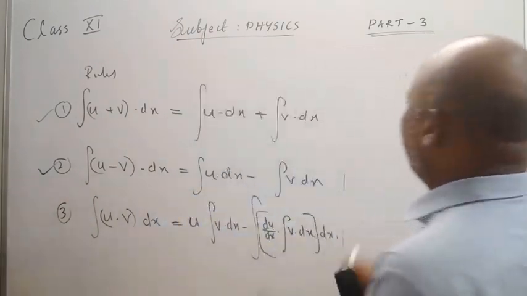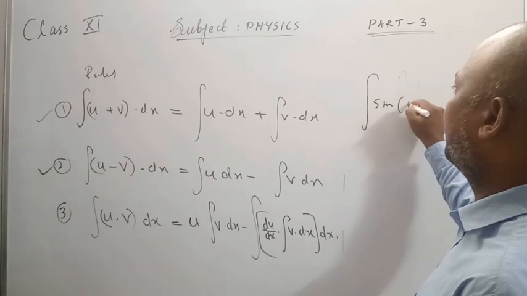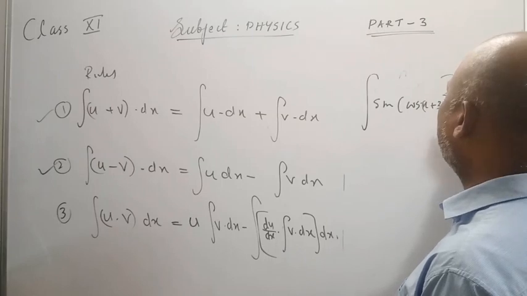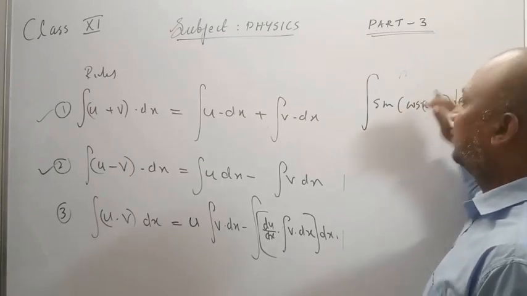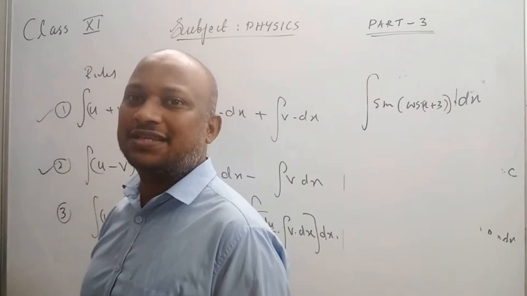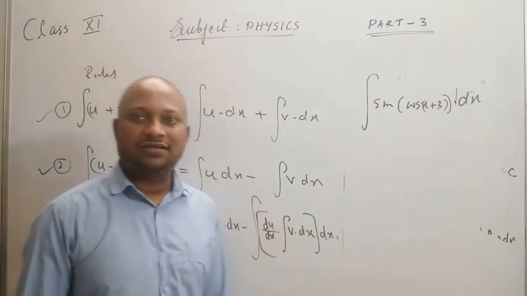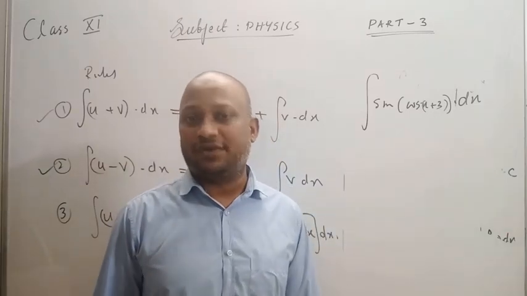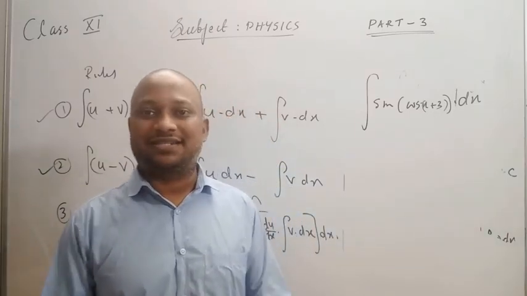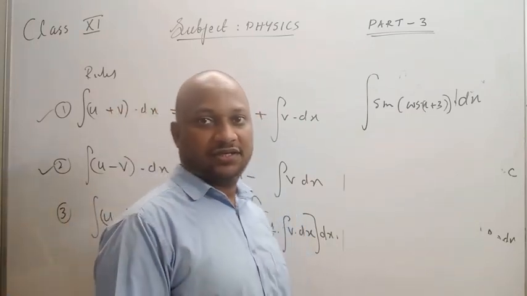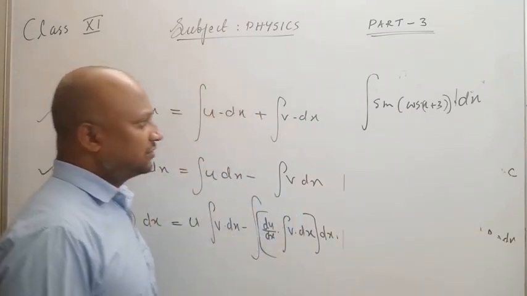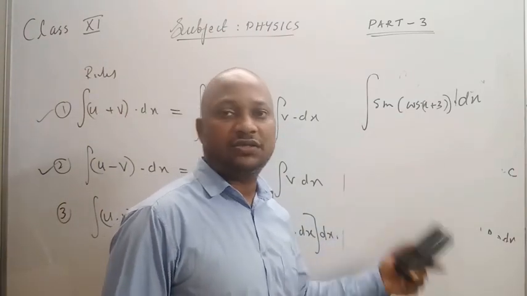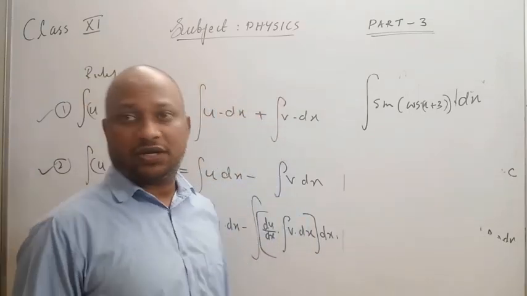For example, if there is integration of sine of cos x plus 3, this one you cannot integrate by the chain rule, because sine of cos is a composite function of two different functions. Differentiation is very simple: the differentiation of sine is cos, then for cos it is minus sine, then x plus 3 gives 1.